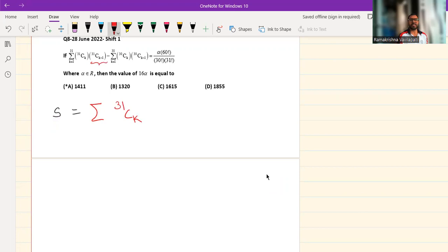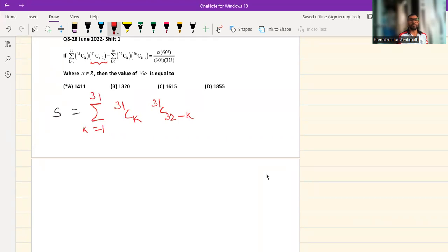This I will write using nCr equal to nC(n minus r). So 31C(N minus R) means 31C(32 minus K), K equal to 1 to 31.